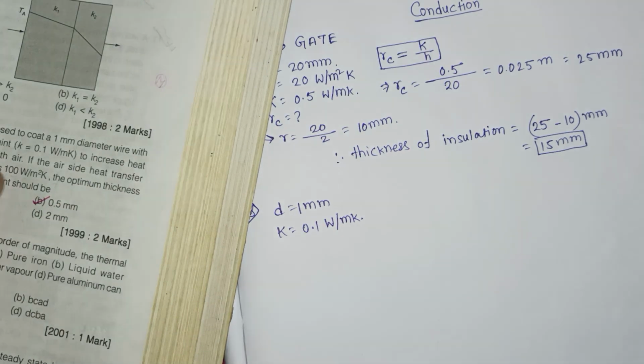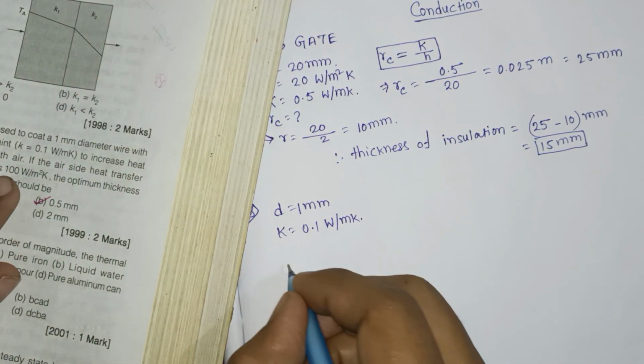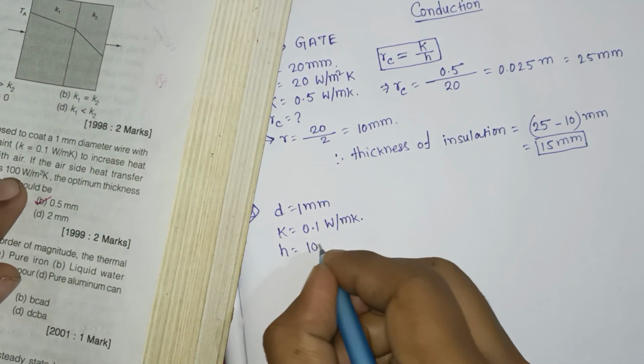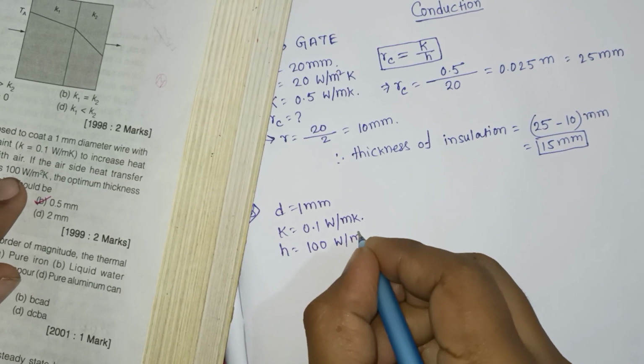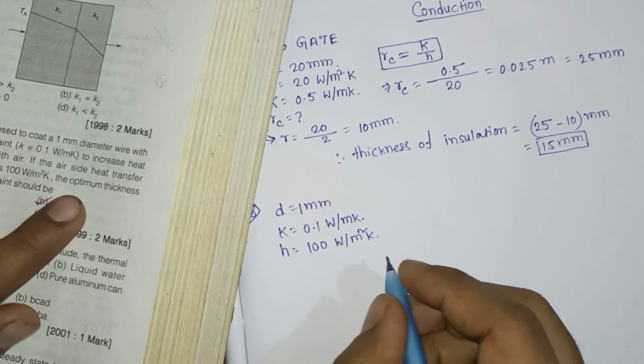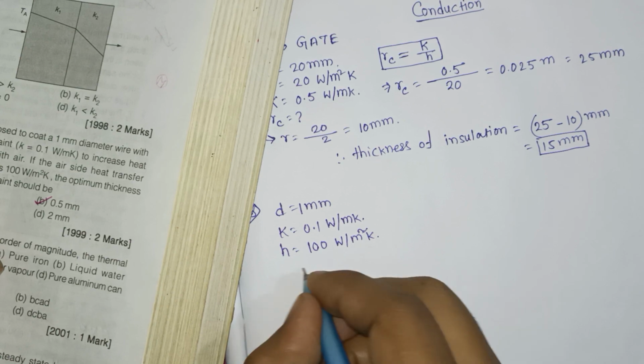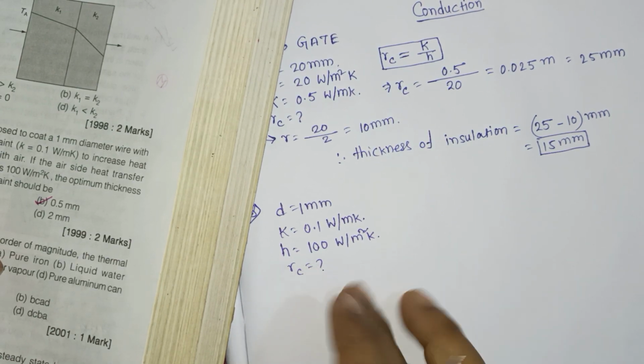H is 100 watt per meter square Kelvin. You have to find out RC.